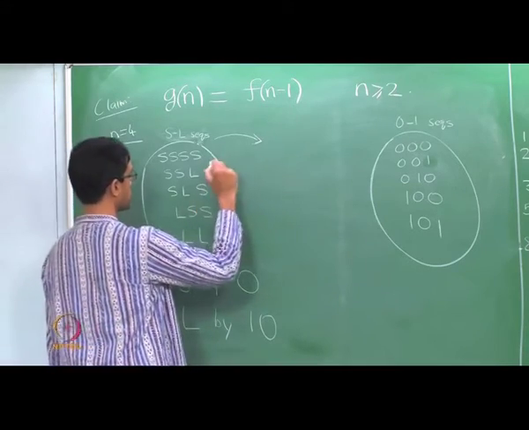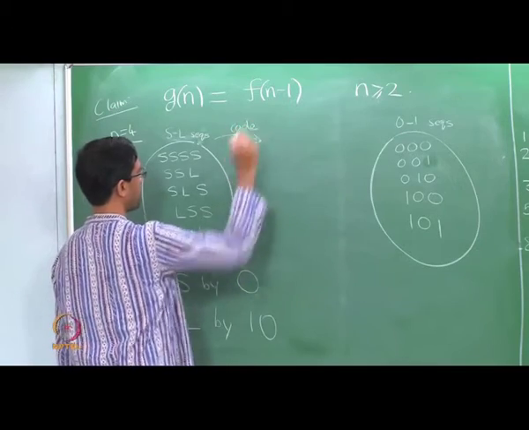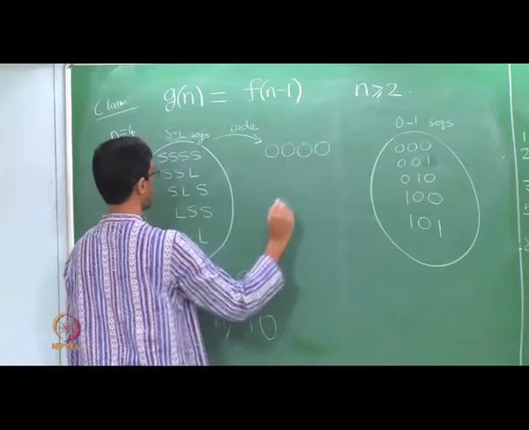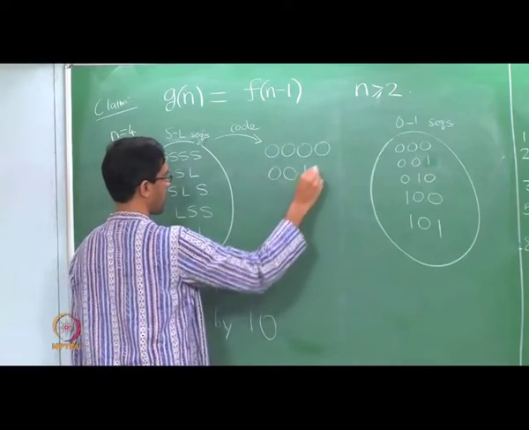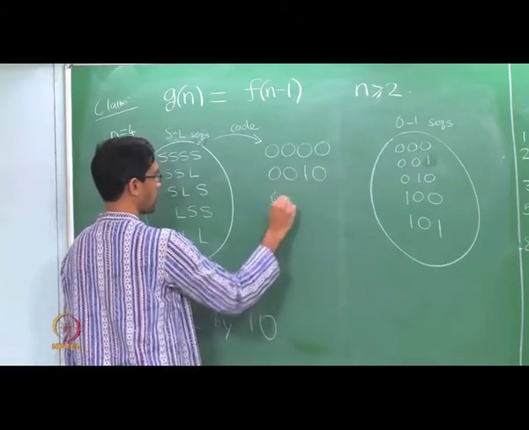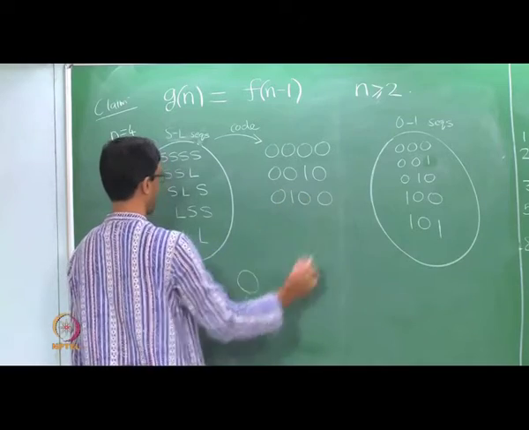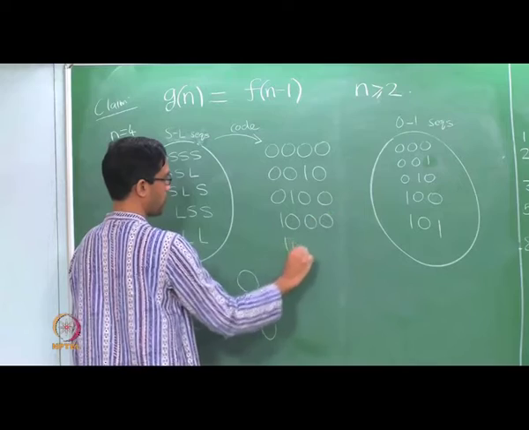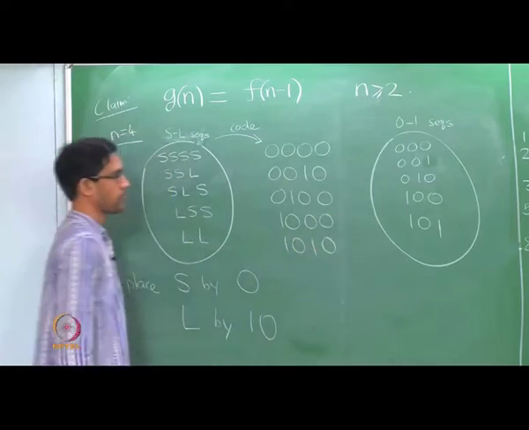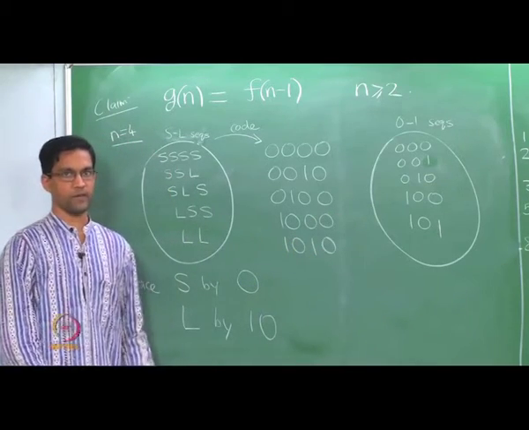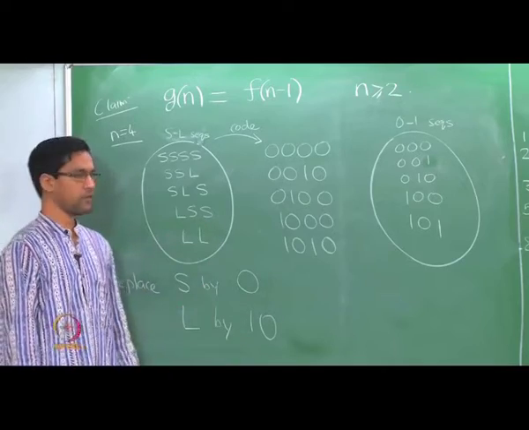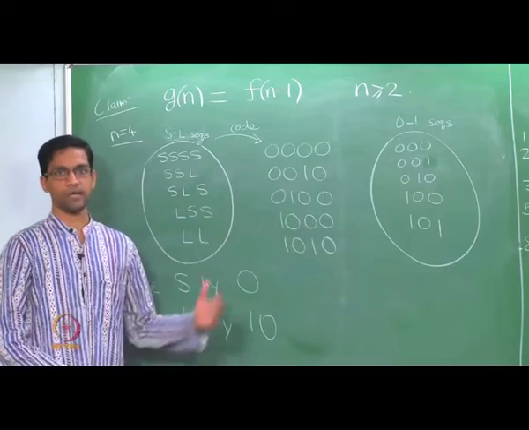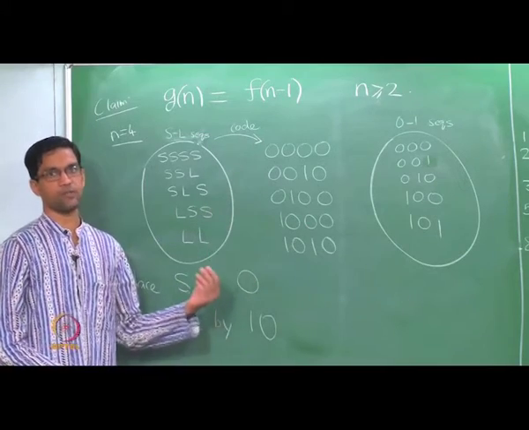So if I do this, what do I get? Here is my code function. All shorts become all zeros; short short long becomes 0 0 1 0; short long short; long short short; and 2 longs is 1 0 1 0. Via this encoding function I have converted the string of shorts and longs into a string of zeros and ones, but observe I have a string of length 4 now.